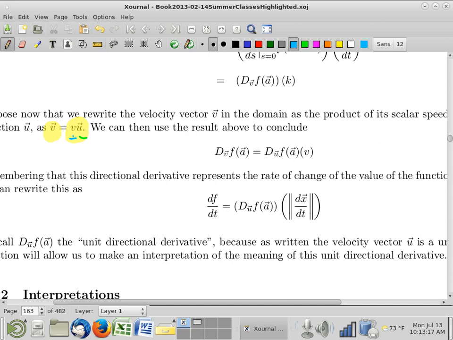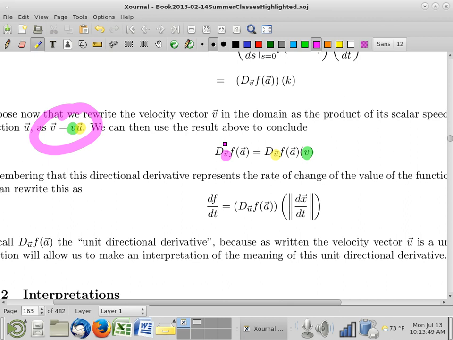So that being done, notice that I can use this fact to take this scalar and factor it out. Right, so the velocity vector v, this scalar speed, little v scalar, just factors right out of that directional derivative.